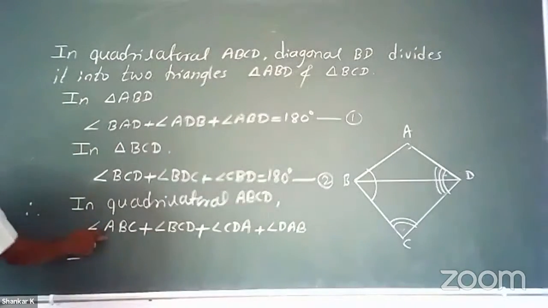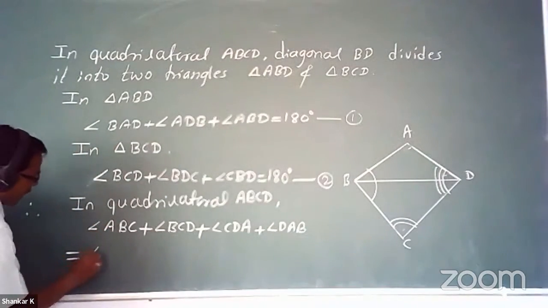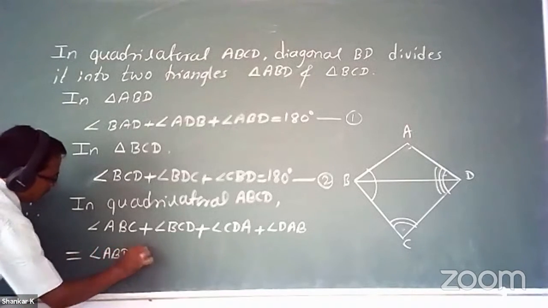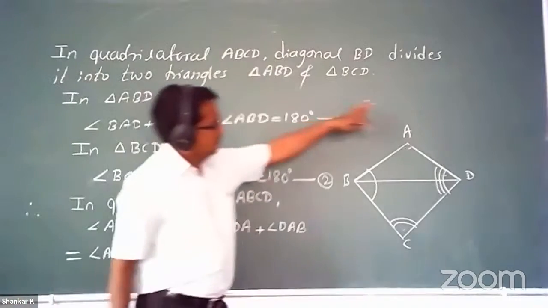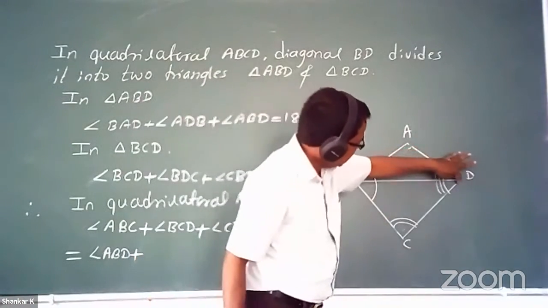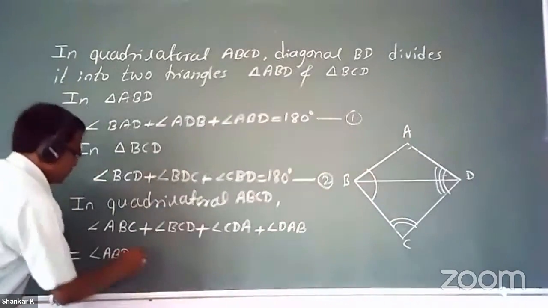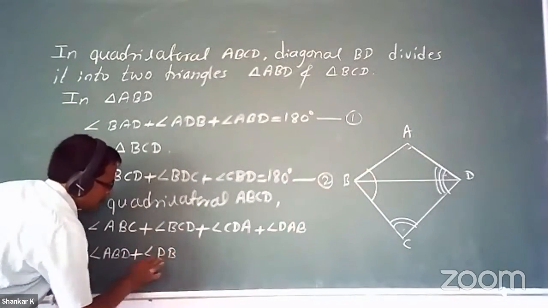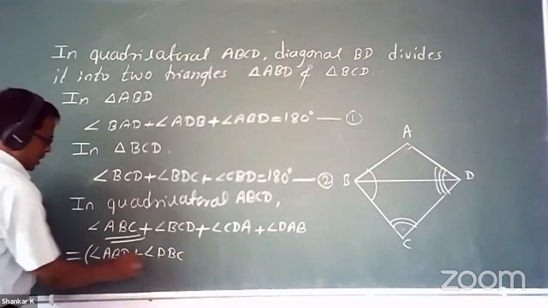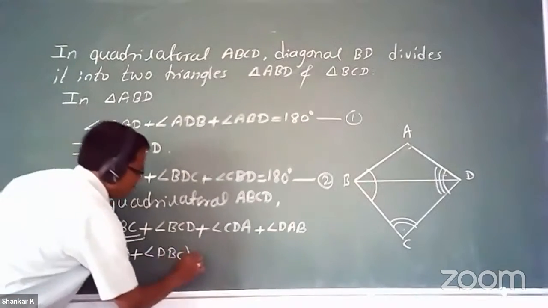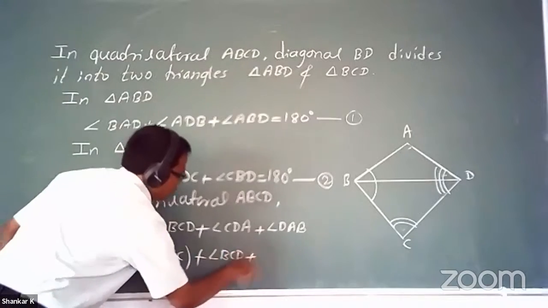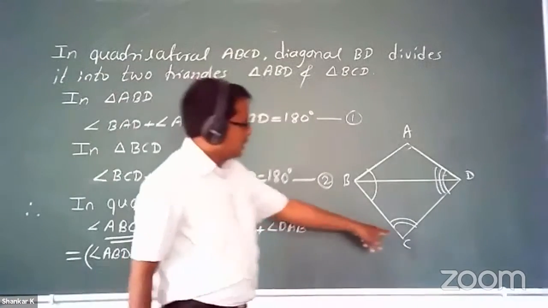I'll split this here. ABC is angle ABD plus angle DBC. This one equals this much I have written. Plus angle BCD, already angle BCD, plus CDA.